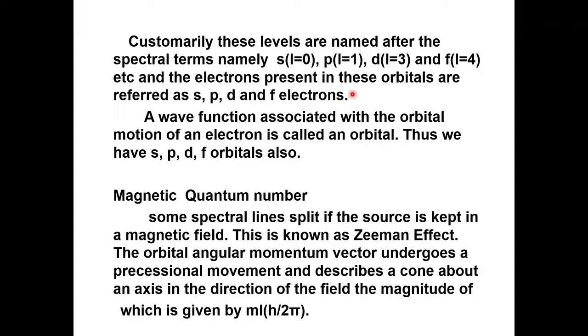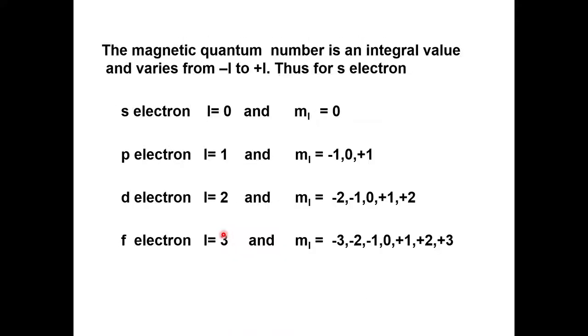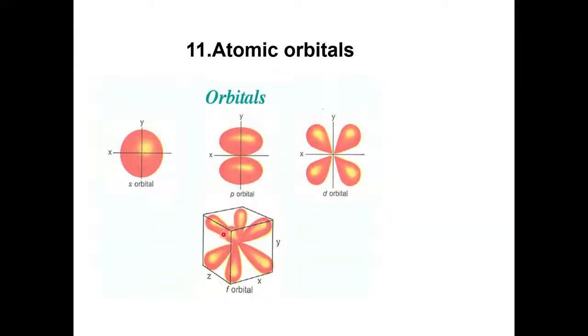I can show you some of them. Here, this is the S orbital, that is spherical in nature. Electrons present in the S orbital are called S electrons.